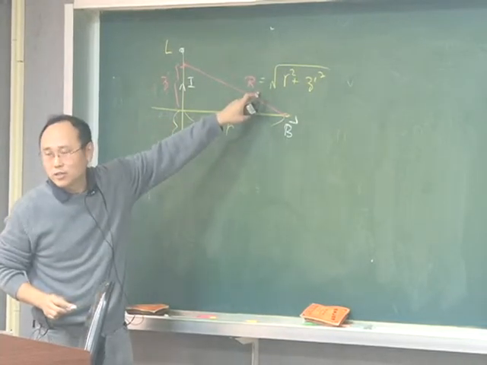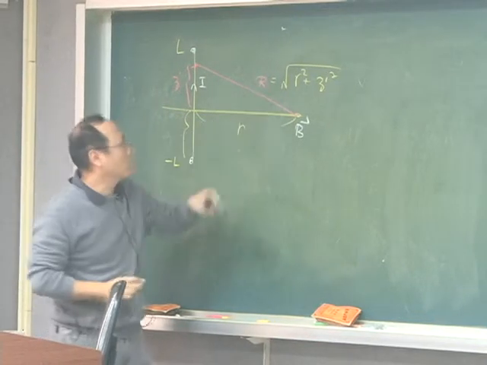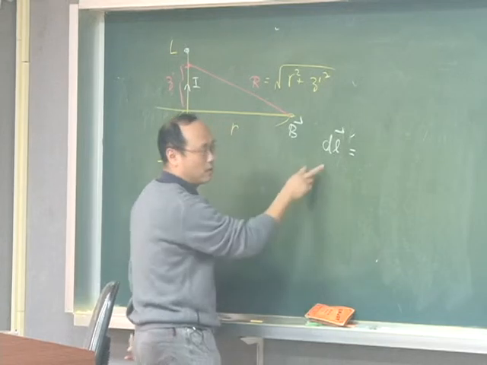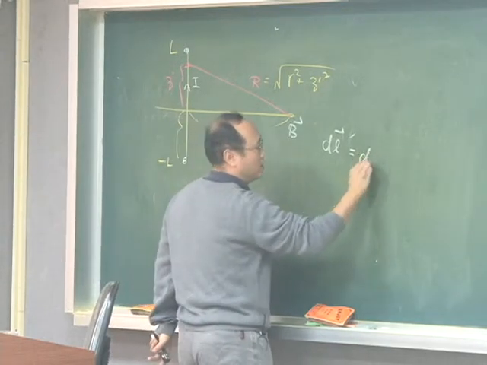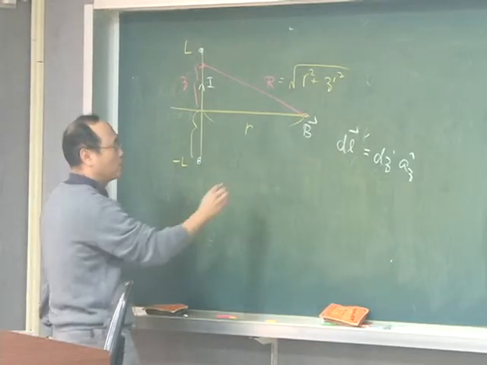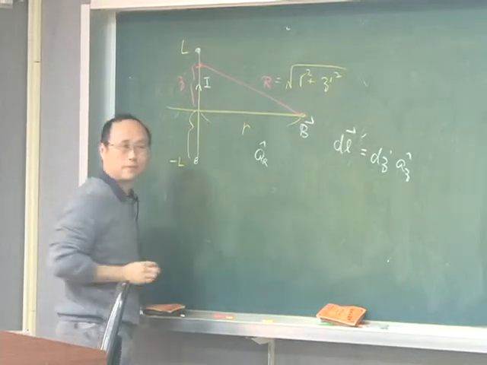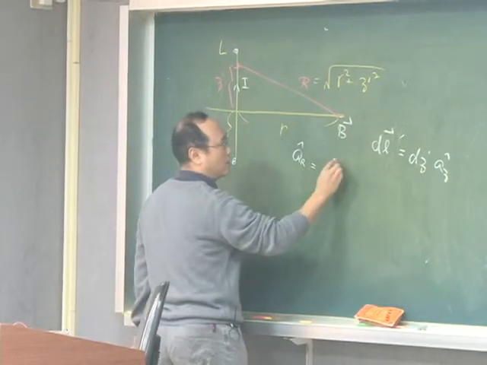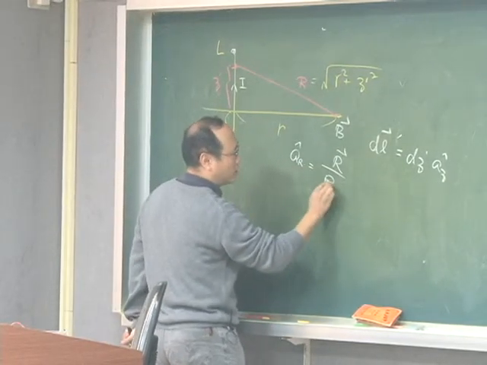R remains the same. We need to know what dl prime is. Still the same. We have dz prime along z direction. We need to know a R. a R is equal to what? R divided by R.